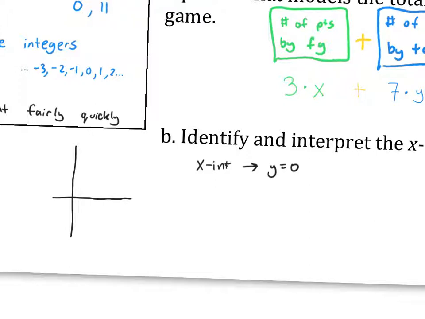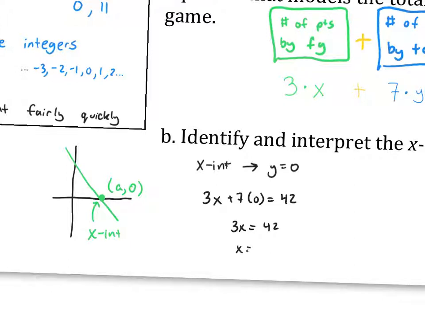If I have some arbitrary graph right here, and this one right here is my x-intercept, that means that this is some value of a, but it doesn't go up or down. So that means the y value is 0. So when I say 3x plus 7 times 0 equals 42, that means 3x is equal to 42, which means x in the end is 14.